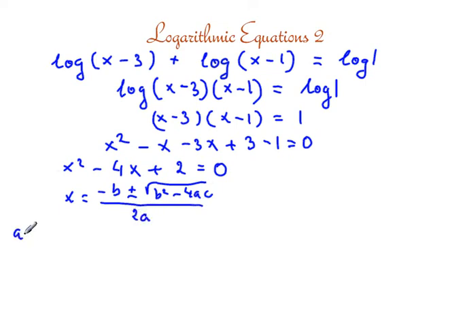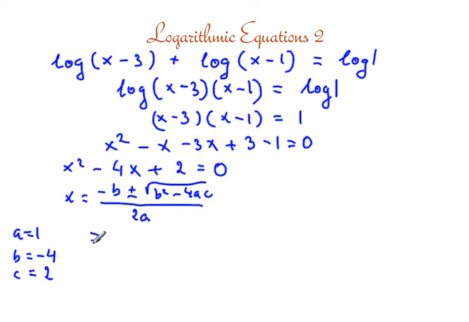So a is 1, because this is the coefficient in front of x squared. B is equal to negative 4, that's the middle guy. C is the constant value, equals 2.